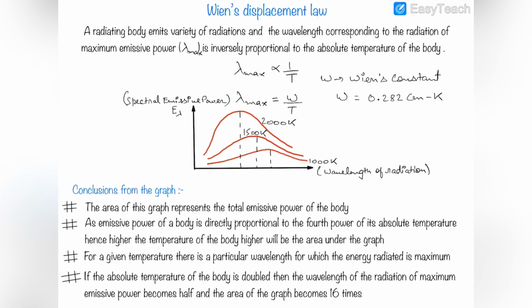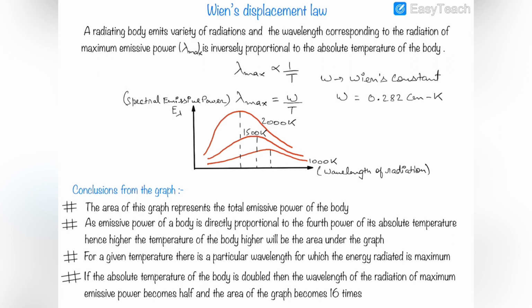Another example: when we feel sick or have a fever, our body temperature rises, and a person observing our face sees that our face or body becomes reddish. This is because when our body temperature rises, the frequency of the maximum radiation emitted by our body also rises, and the wavelength becomes smaller.